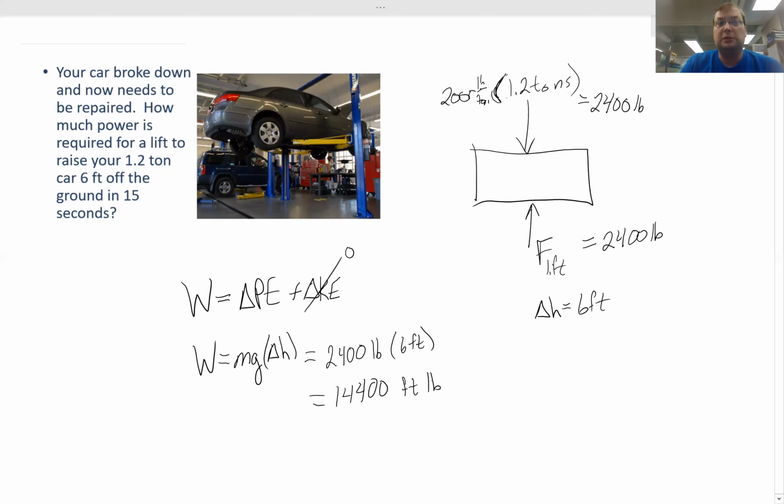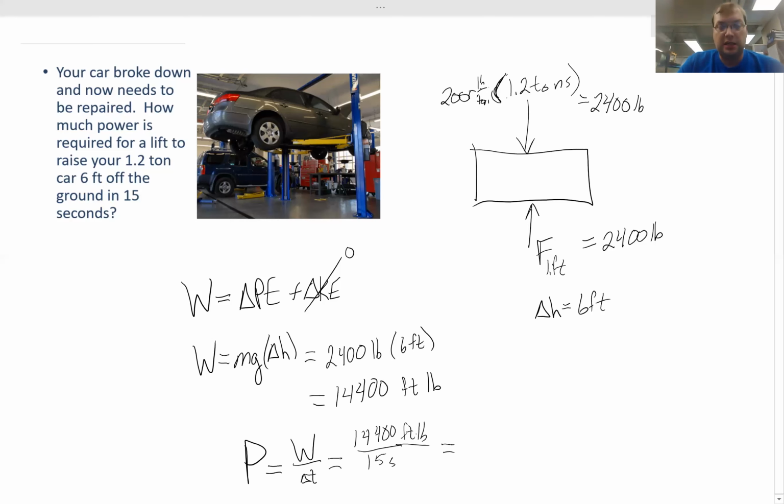If we now return to the definition of power, power is equal to the work divided by the change in time. So in this case now we have 15 seconds of applied work. So we have 14,400 foot-pounds over 15 seconds.